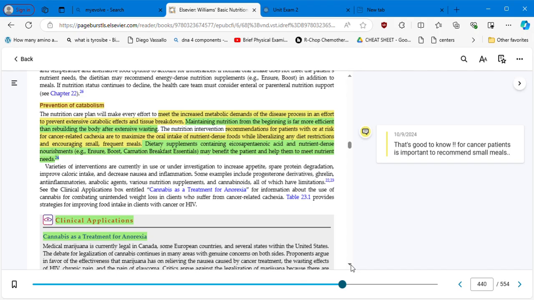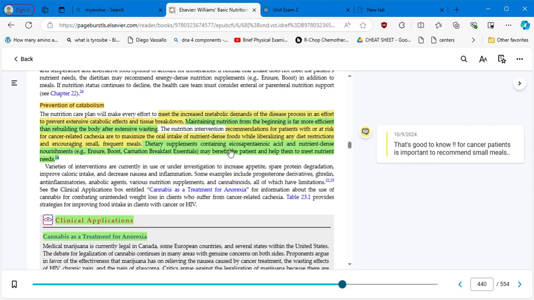What they are telling you is that maintaining nutrition or preparing the body for the treatment or the surgery at the beginning is better than putting the body in rebuilding mode after the surgery or after the cancer therapy. Okay.